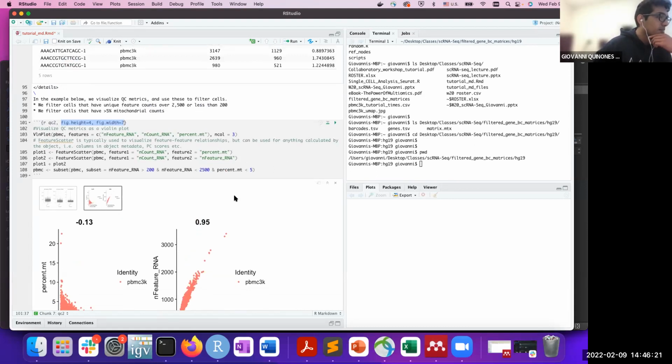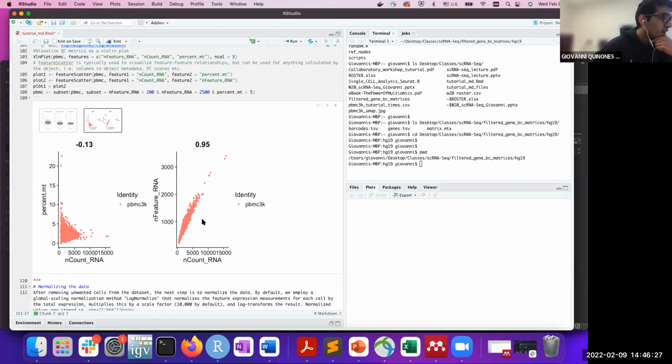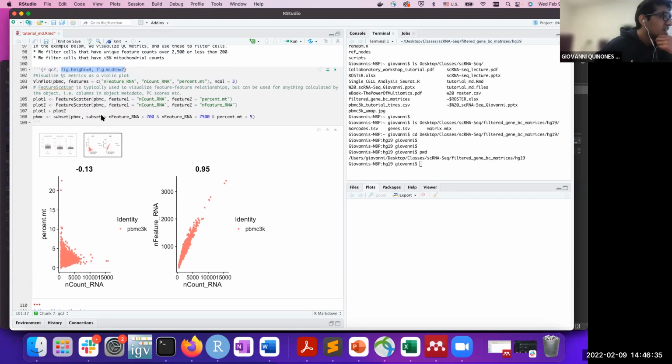Okay, so after we've performed these two plots and looked at our metrics and what the distribution looked like, if you see the last line of code in this cell, around line 108, we're doing a subsetting.